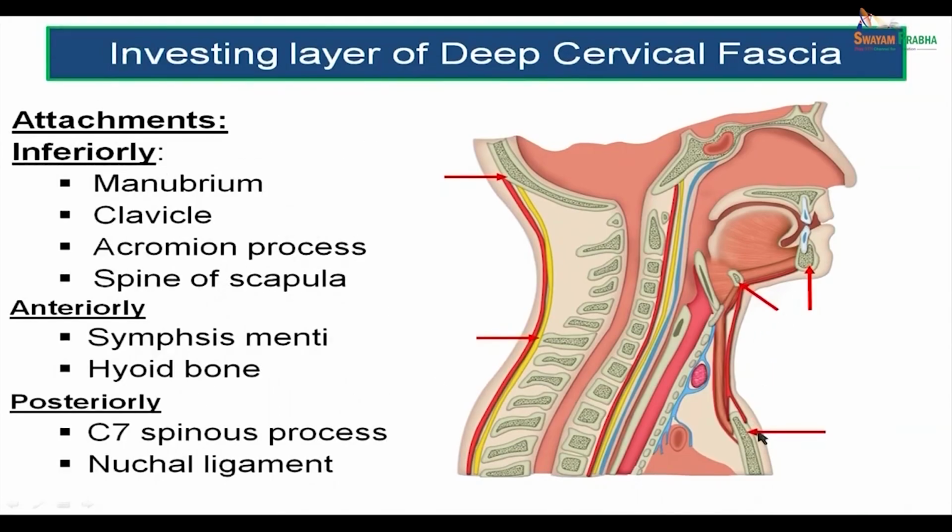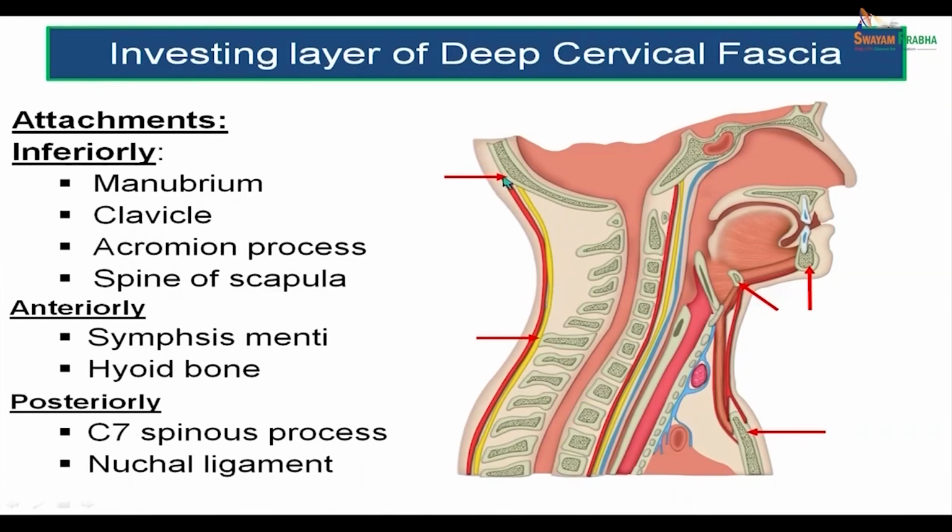Inferiorly, it is attached to the manubrium sterni, the clavicle, the acromion process and spine of scapula. Anteriorly, it is attached to the symphysis menti and the hyoid bone. Posteriorly, it is attached to the spine of C7 cervical vertebra and in this region to the nuchal ligament.